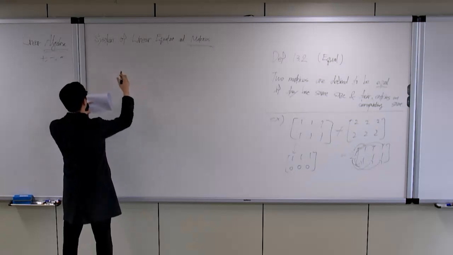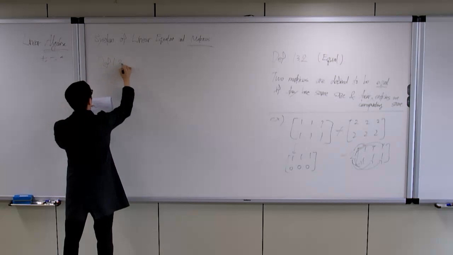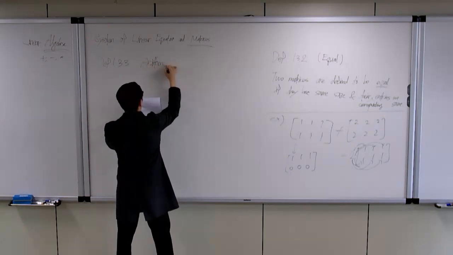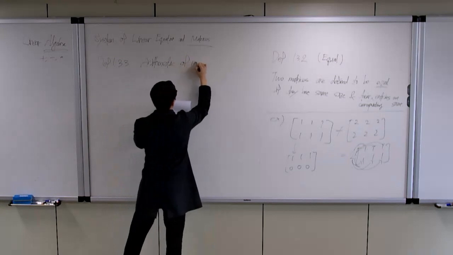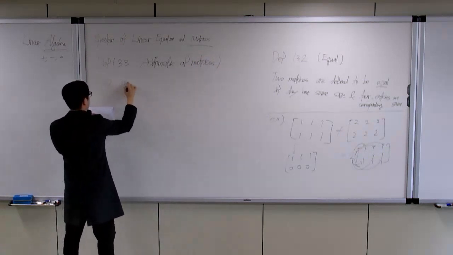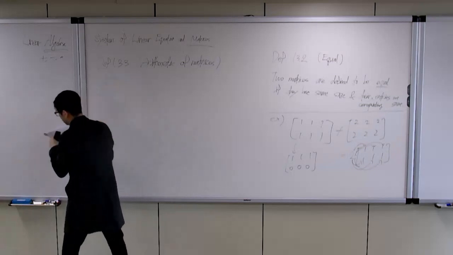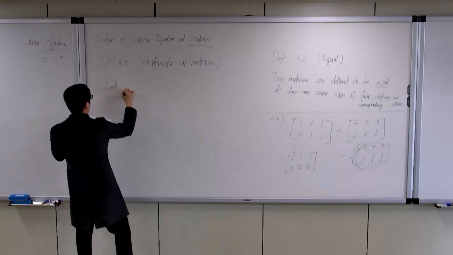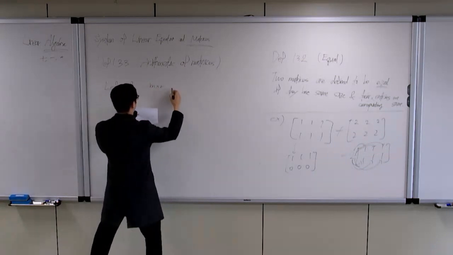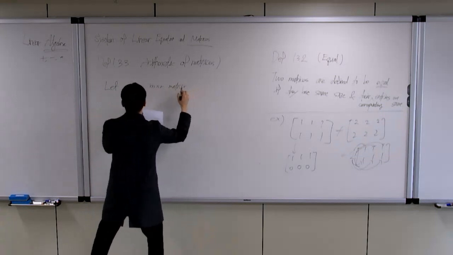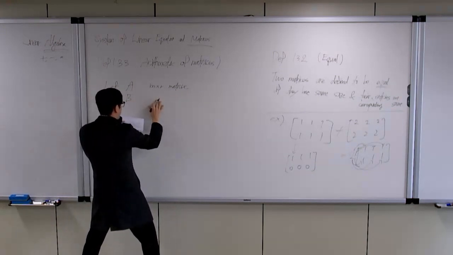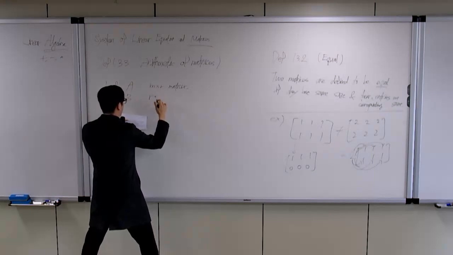I will give the arithmetic of matrices. First, let A be a matrix of size m by n, and also let B be a matrix whose size is also the same.